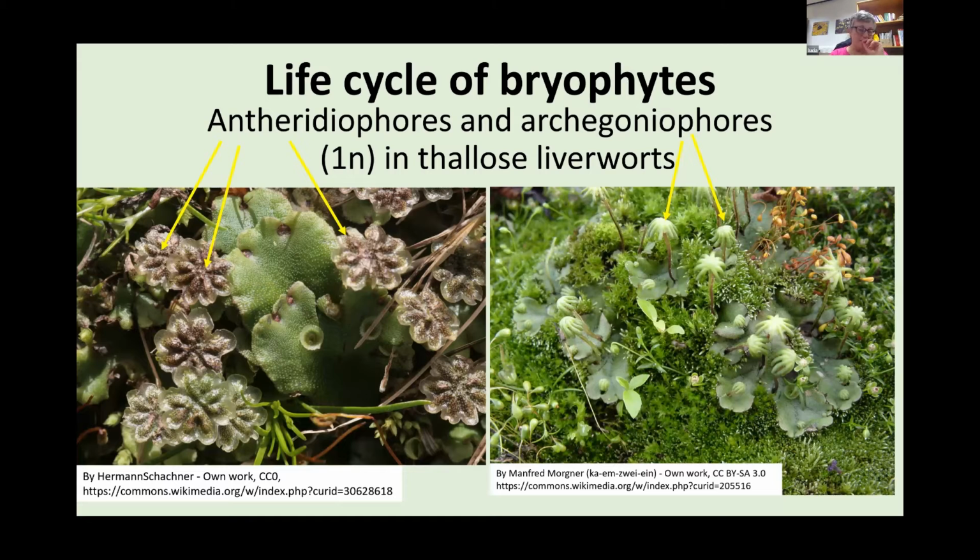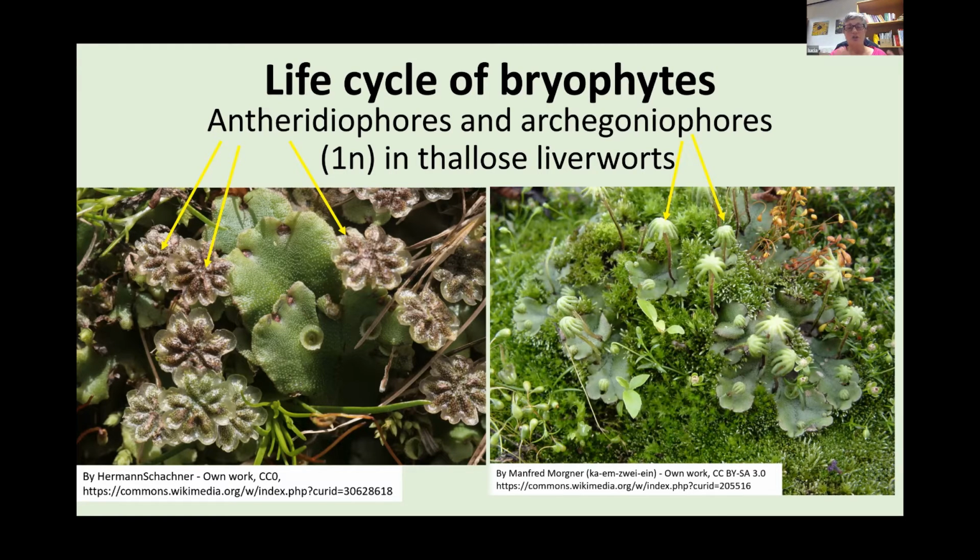Now, talking about liverworts and weird and wonderful things. Liverworts always do weird and wonderful things. Some liverworts are like the ones that we saw before. They have a flap under which the sporophyte develops and hides, and then they have the little volcanoes with the antheridia. But there are thallose liverworts that do something completely different.